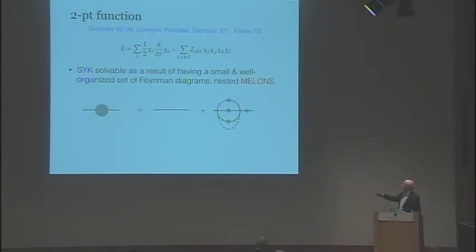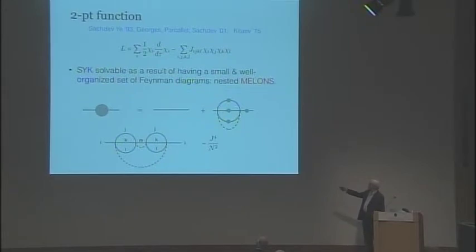This would be the simplest diagram that appears. This dashed line represents the correlation of these random couplings at the vertex, which after you calculate the observable, you average over. A simple class of diagrams survive.